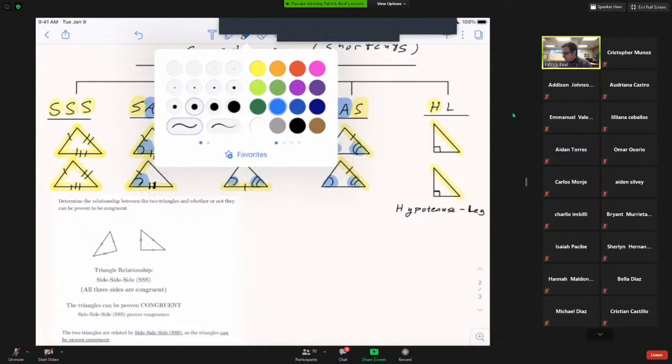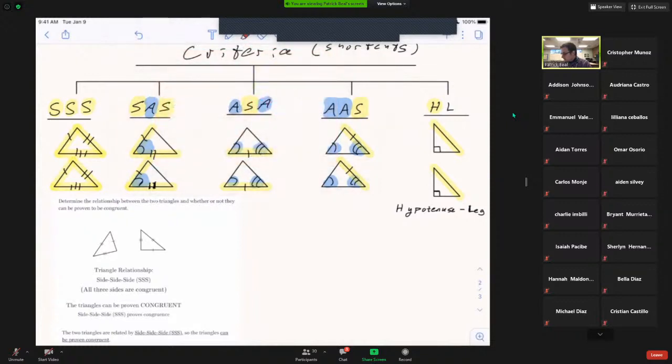I'll do this one in red. I don't want to do blue because it's not an angle. So I'll do red. Maybe it's this side. So the legs are congruent and the hypotenuses are congruent. We would call this one hypotenuse leg.